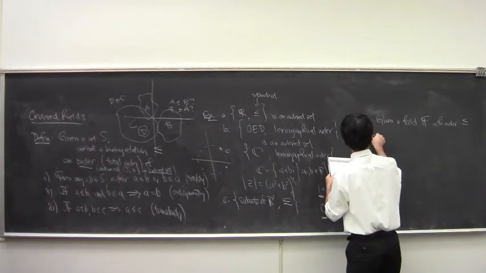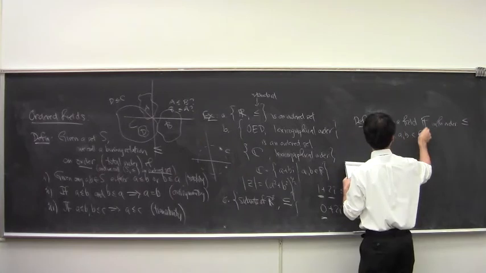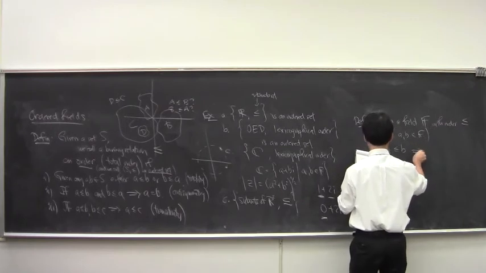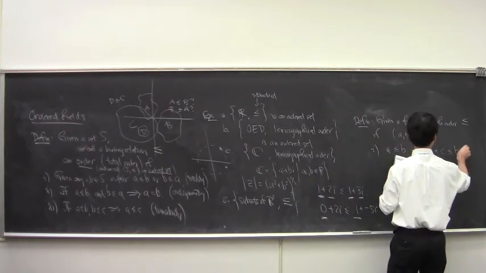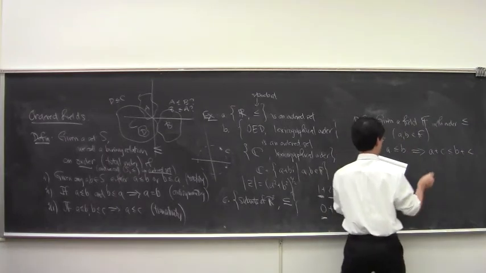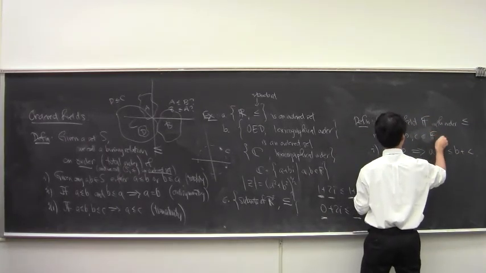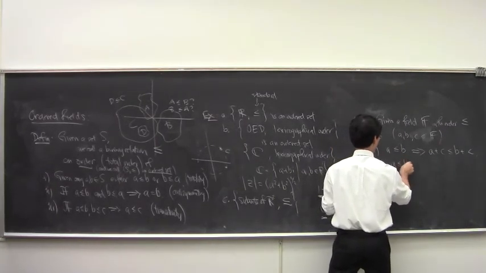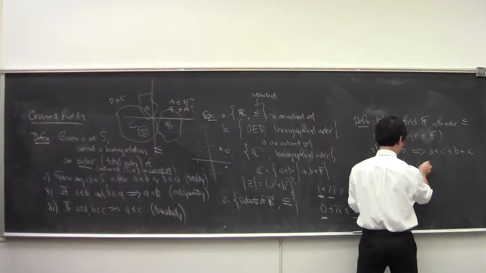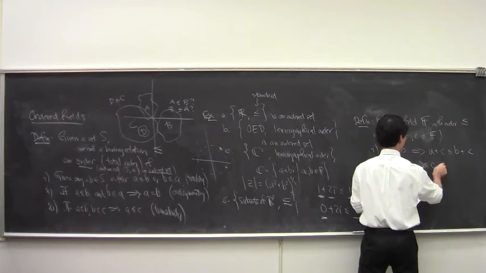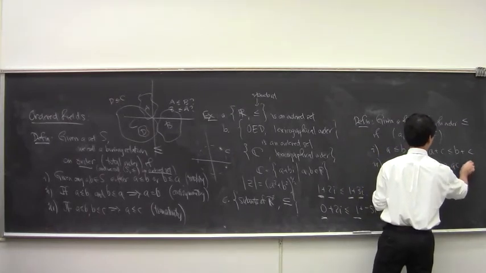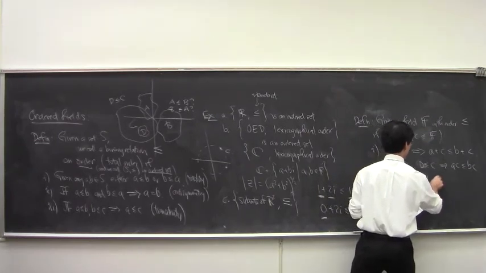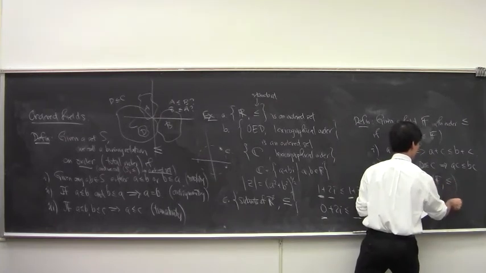If A less than B forces A plus C to be less than B plus C, and if whenever A is less than or equal to B and C is greater than or equal to 0, you have AC less than or equal to BC, then we call this field with an ordering on it an ordered field.